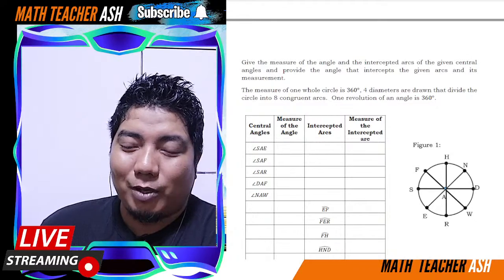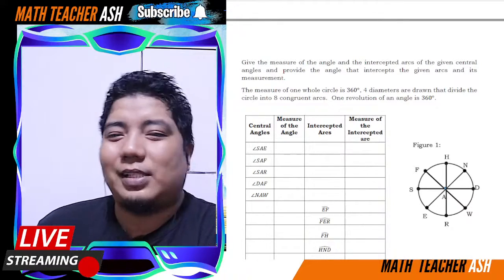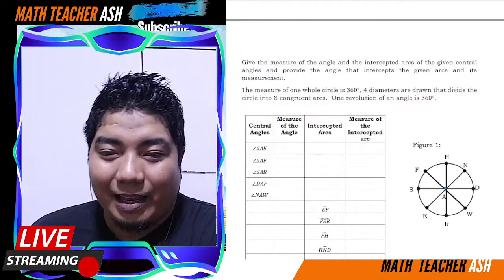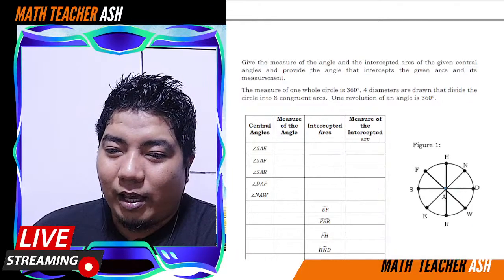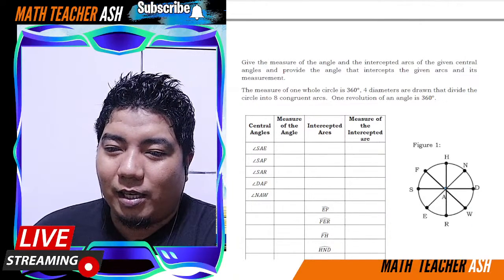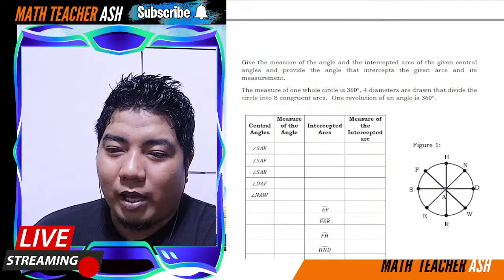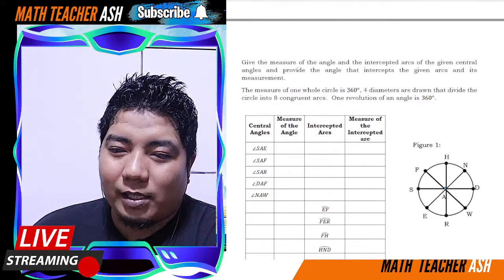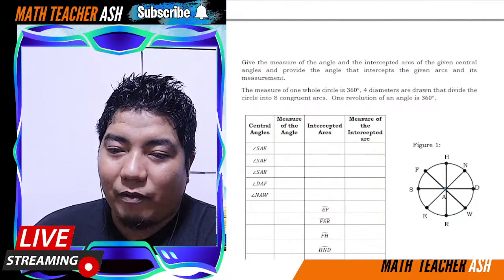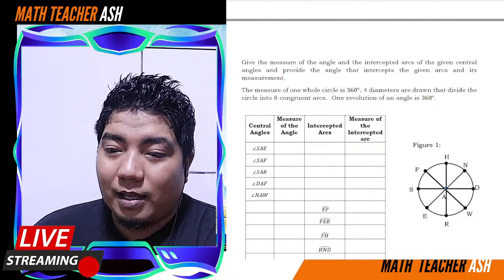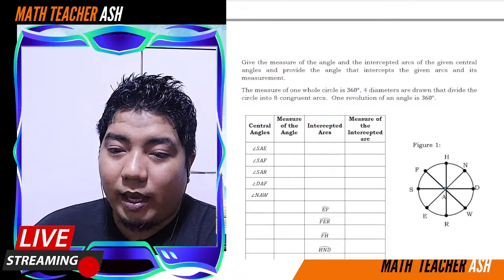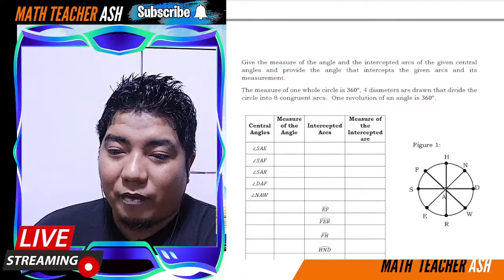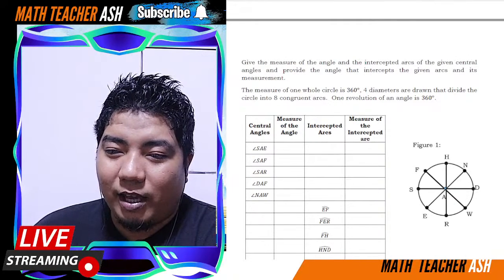So, how do we complete this table? So, we have here the central angle, SAE. So, anong napapansin ninyo? Mga central angle, SAE, SAF, angle SAR, angle DAF, okay, DAF.